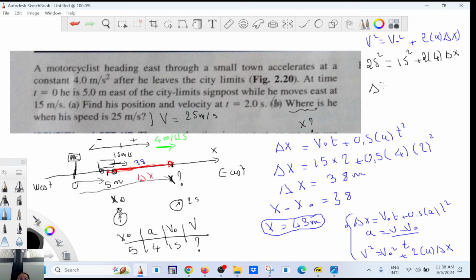So delta x equals what? You can do it a different way, but so what do you get? 50. Do you all agree? 50.